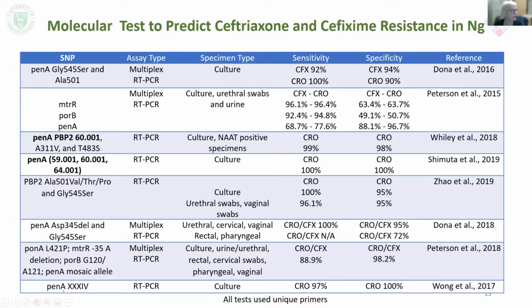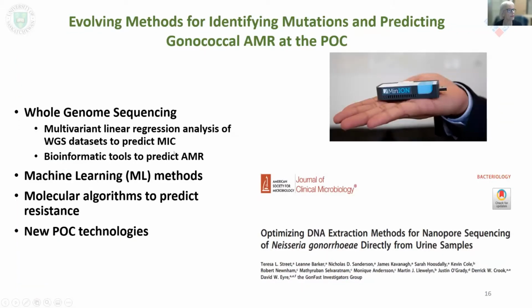In penA, for example, sometimes one can have up to 80 SNPs present in the gene that define resistance. And it's been reasonably accurate, but it's highly dependent on the population that's going to be tested.